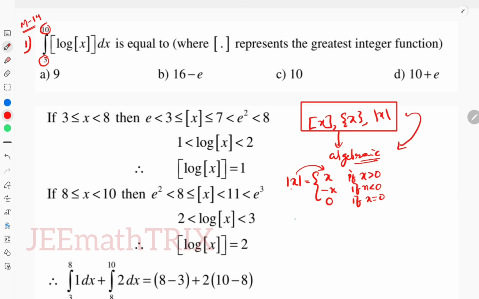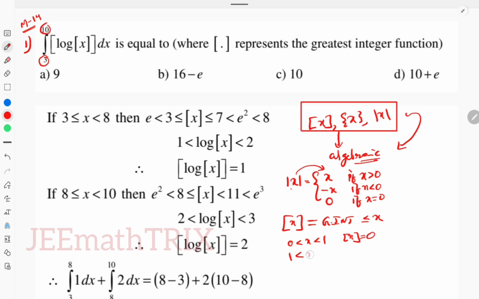Next, how do we convert the integral part function? Integral part of x is defined as the greatest integer less than or equal to x. For example, if x is between 0 and 1, then the integral part of x becomes 0.